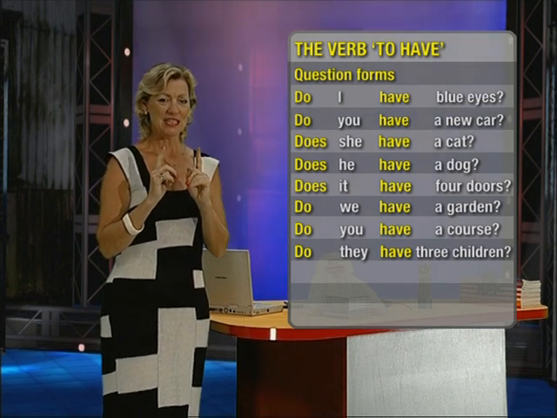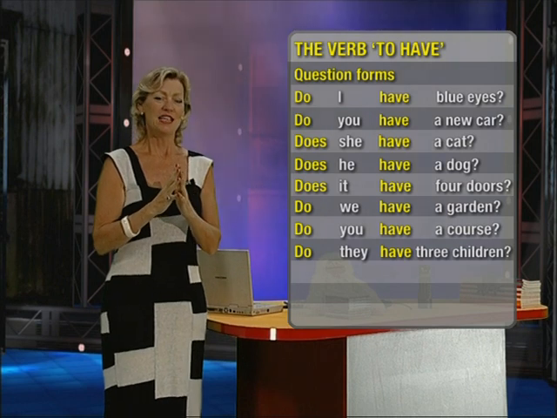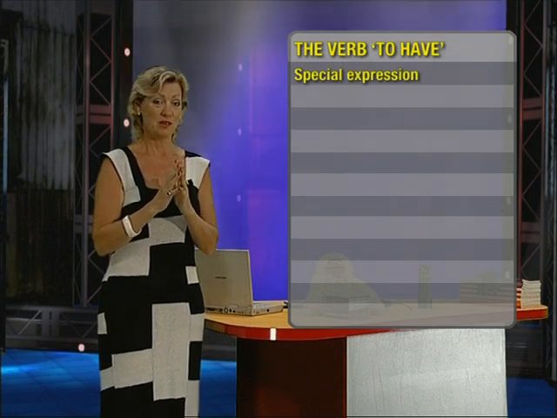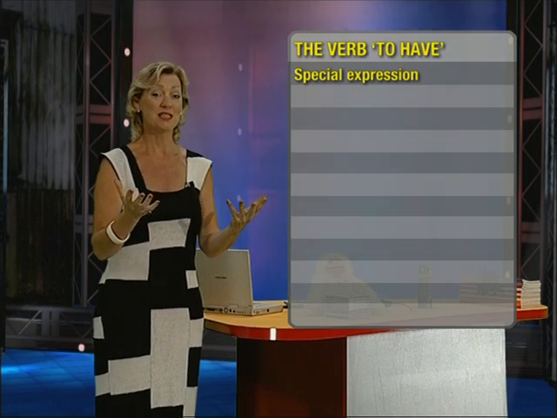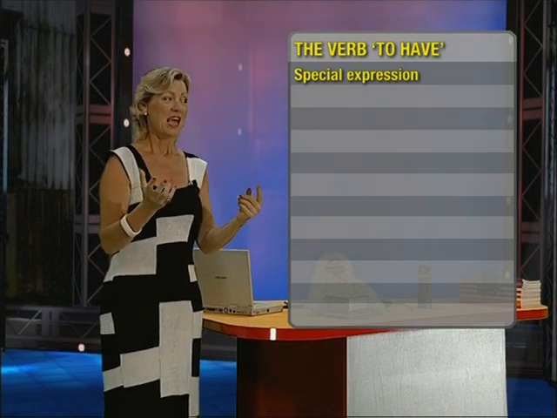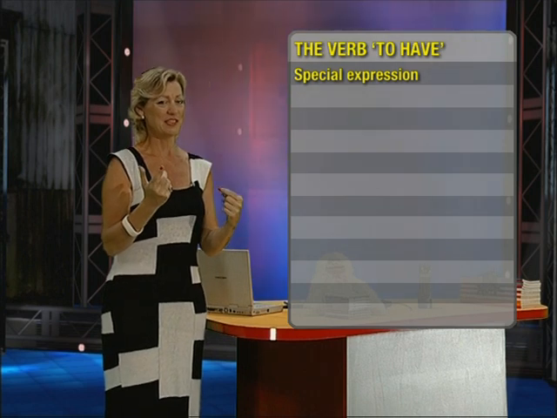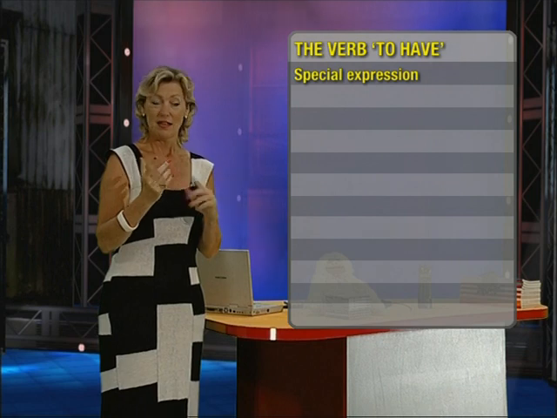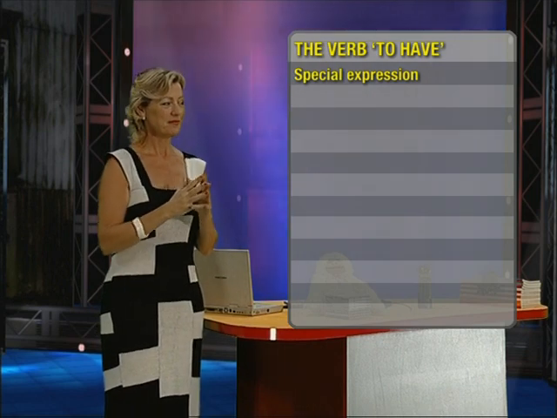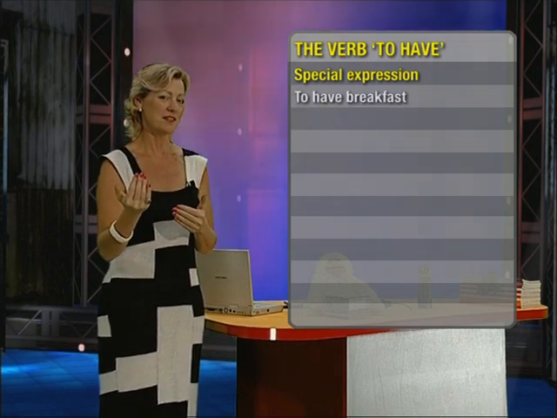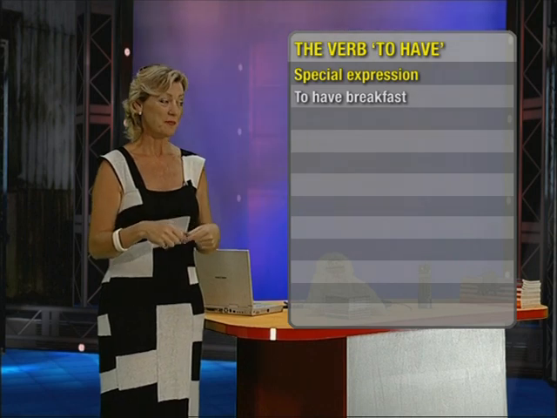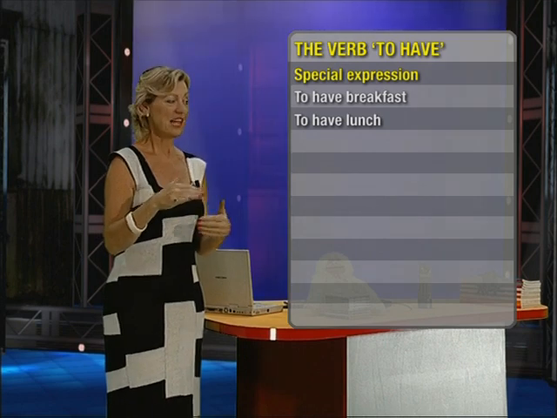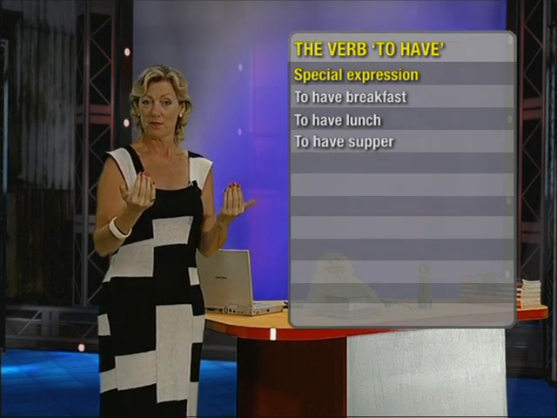Now, another interesting thing about the verb have is that often we use it in special expressions, which make up verbs with particular meanings. And in other languages, in these situations, you hear make. Let me show you. We say to have breakfast in the morning, to have lunch, 1 o'clock, and to have supper.